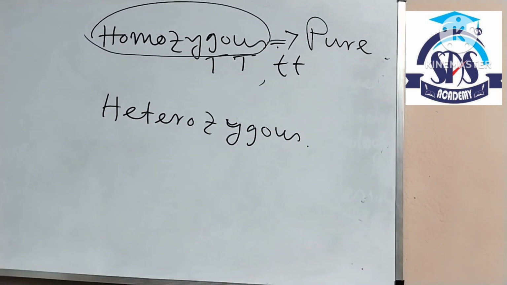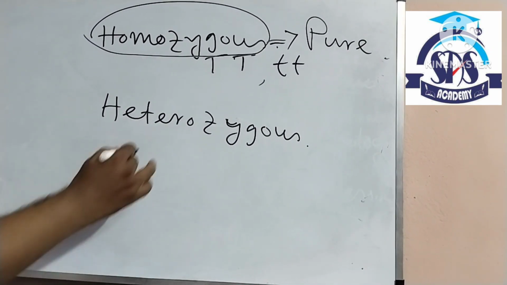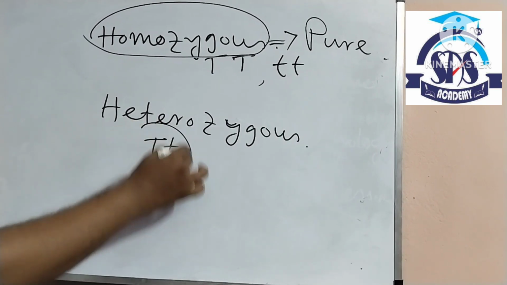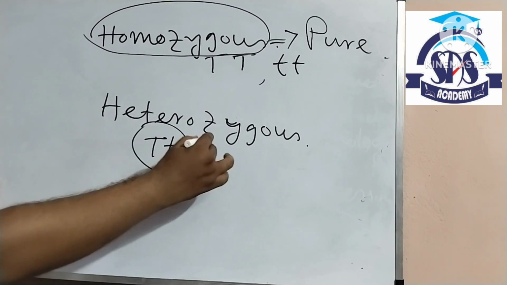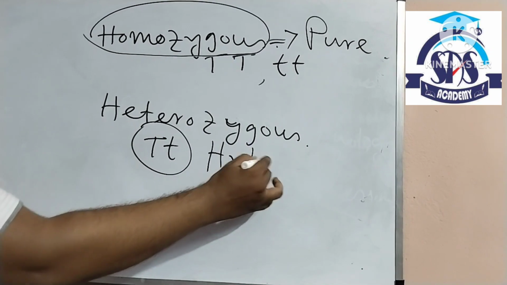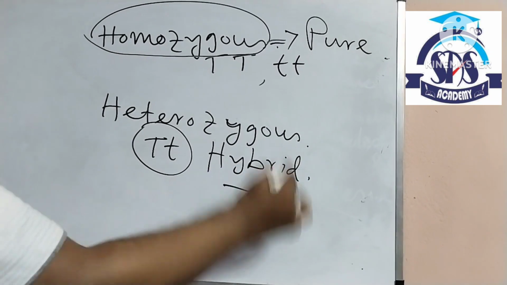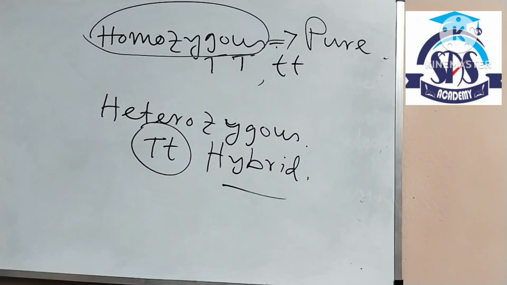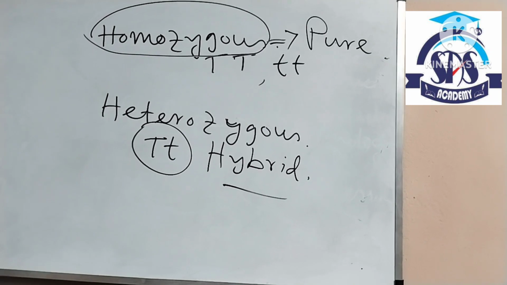On the other hand, in heterozygous, two different forms of the allele are present. This is the hybrid trait. This is all about the main terminology in the principle of inheritance.